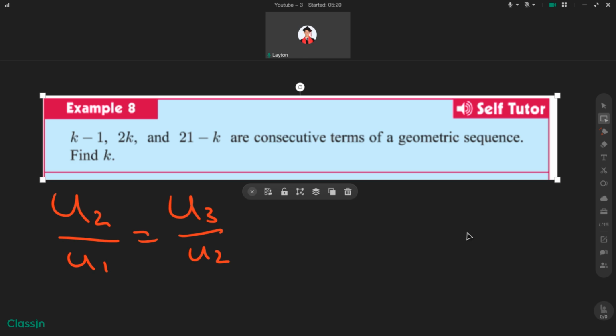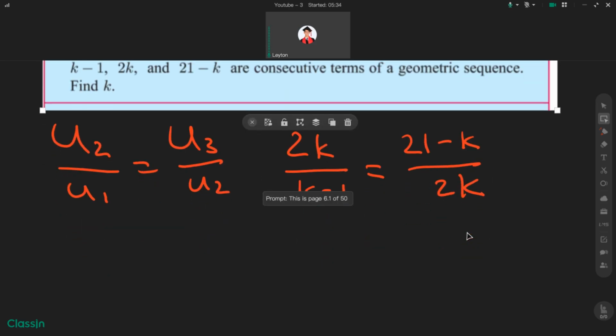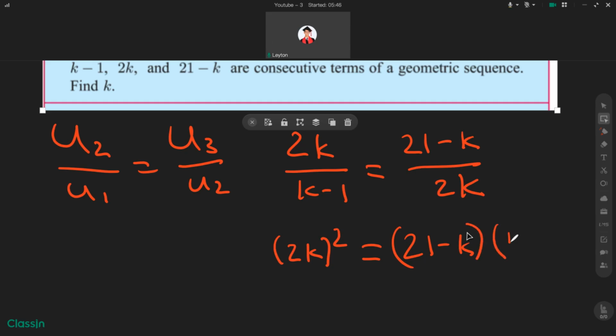And so we can plug in U2, so that would be 2k over k minus 1 is equal to 21 minus k over 2k. And now we just solve for k. Multiply both sides by 2k, we get 2k squared. Multiply both sides by k minus 1, we get 21 minus k times k minus 1.